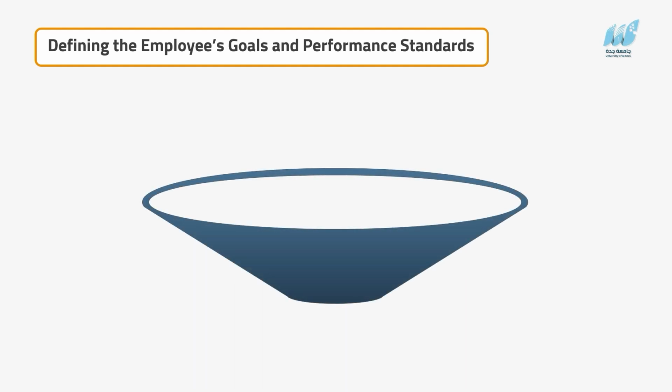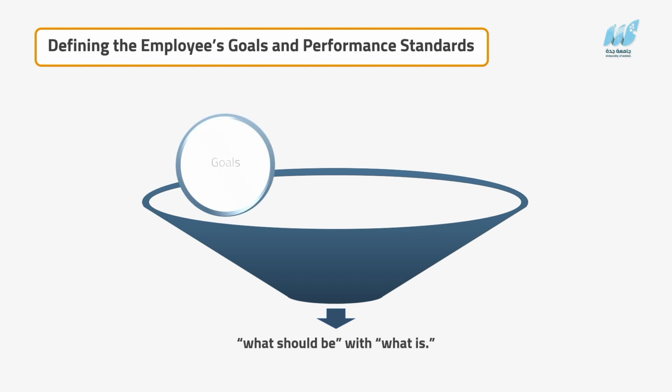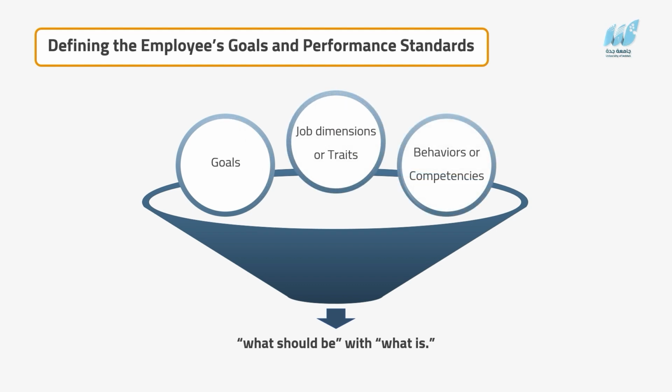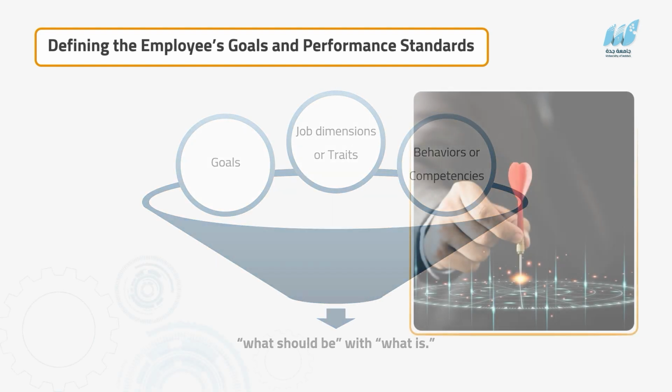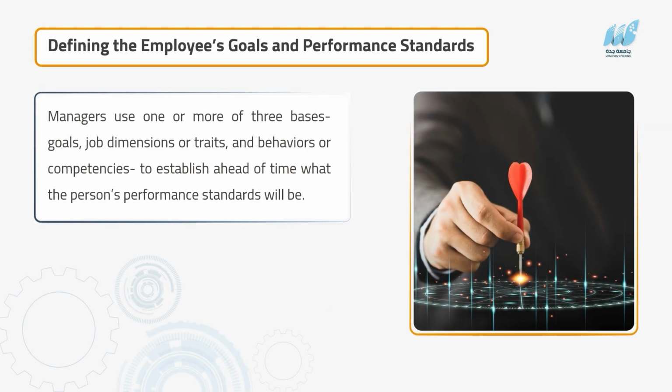The performance appraisal should compare what should be with what is. 1. Goals. 2. Job dimensions or traits. 3. Behaviors or competencies. Managers use one or more of 3 bases, goals, job dimensions or traits, and behaviors or competencies, to establish ahead of time what the person's performance standards will be.